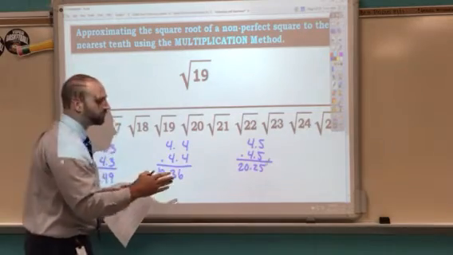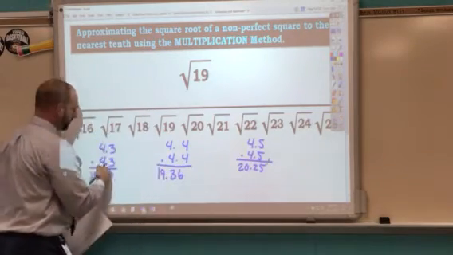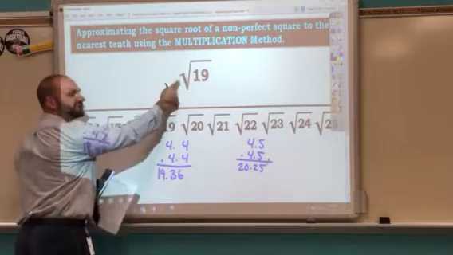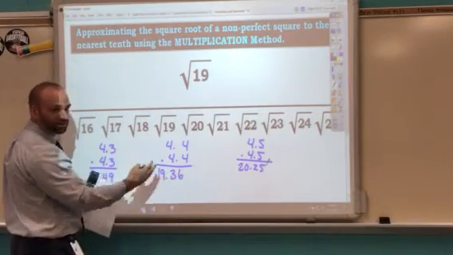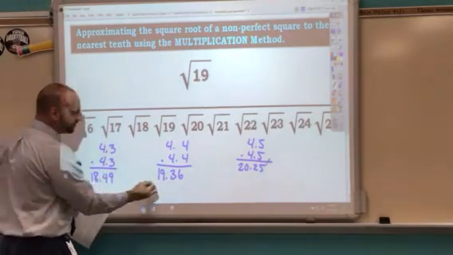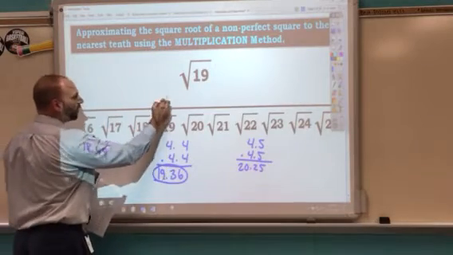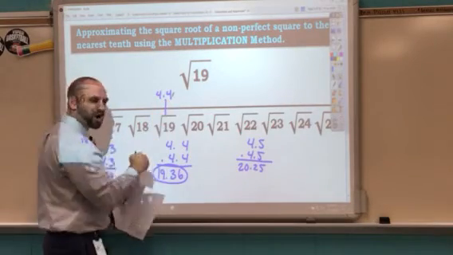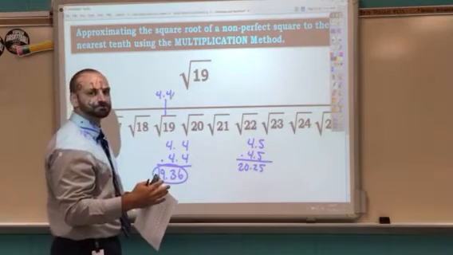So what we want to do is look and see which one is closest to 19. Doesn't matter if it goes over. We're just looking for the one that's the closest. And you can see 4.4 is the closest approximation to the square root of 19.